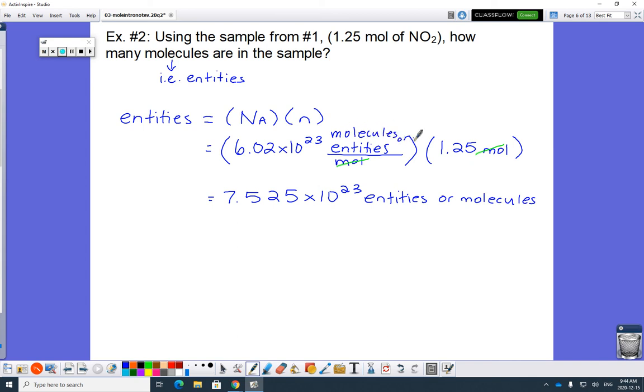You can use the word entity every single time. If you would like to be specific to the type of compound, then use the word molecule. It doesn't really matter.